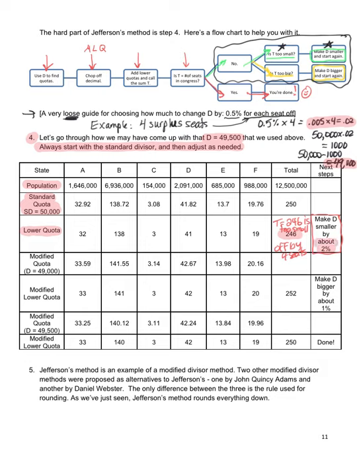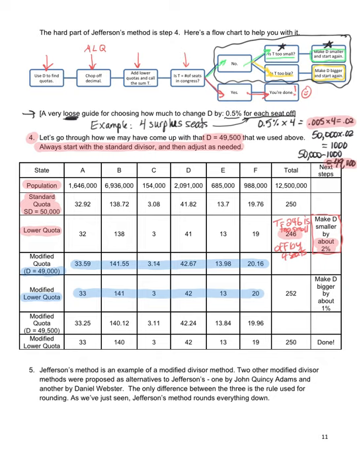All right, so if we're using this loose rule, then our next step would have been to try 49,000 as our divisor. So we would divide each state's population by 49,000, and we get this new set of modified quotas. We would then lower those, so we'd calculate our modified lower quotas. Notice that the numbers in this row are just the whole number portions of the numbers above.